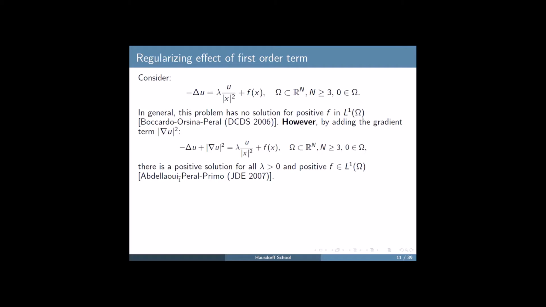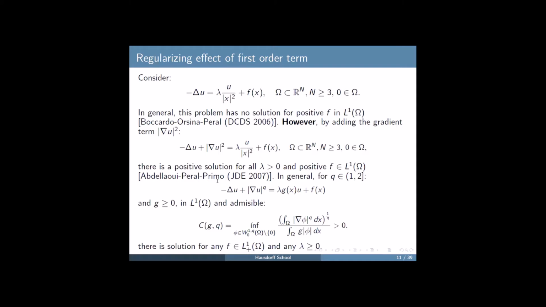This is a result by Abdellaoui, Peral, and Primo, and moreover, they went further, and indeed they proved that if you add a q power of the norm of the gradient, with q here between 1 and 2, then if g is an admissible weight, which means that this infimum, which is related to the infimum of the function f that I showed you before, is positive, then there is a solution of this problem for any positive f in L1 and any lambda greater or equal than 0.